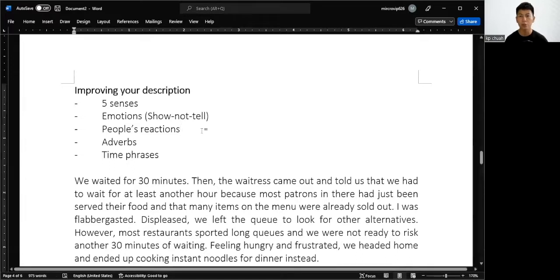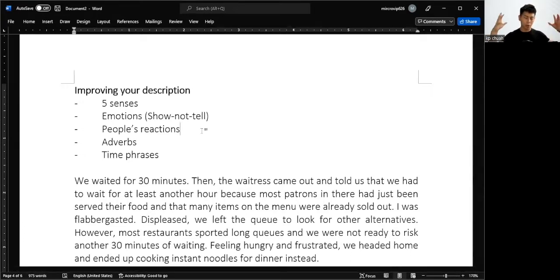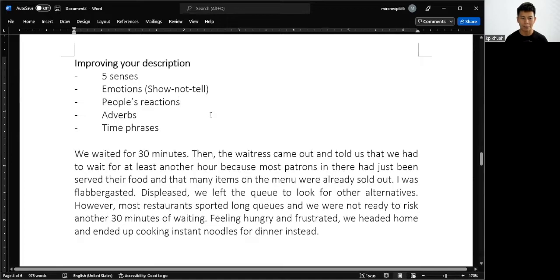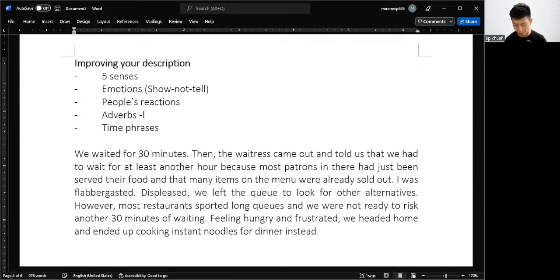It is also important to look at other people's reactions to the situation. If there are people around, it's useful to not just focus on the narrator or the main character, but also to look at how other people are reacting to the situation. Now, the fourth thing is adverbs. Adverbs are basically words that end with ly. They help add a little bit more description, I would say, more flavor to your writing.